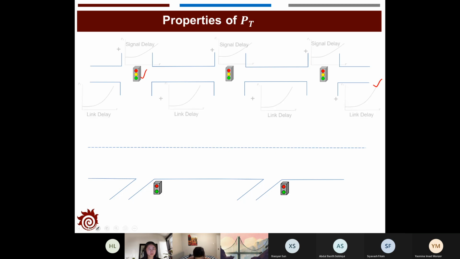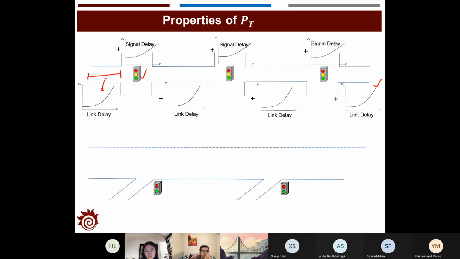So usually for each straight road segment, we have one relationship between the trip cost and the volume, PT and V. And for the intersection itself, due to the signal timing plan, you can also find the relationship between PT and the volume. And this actually applies for all the links on the road and all the intersections.